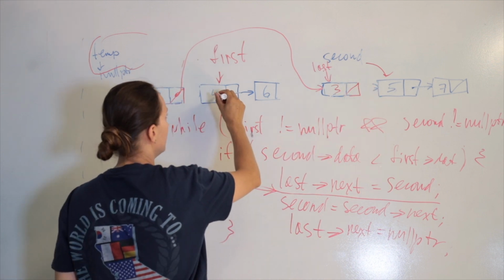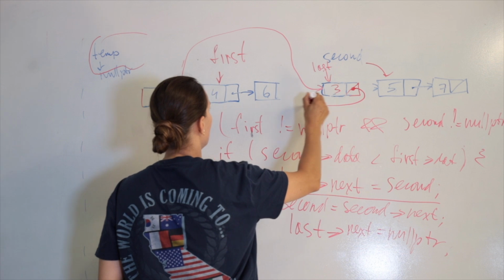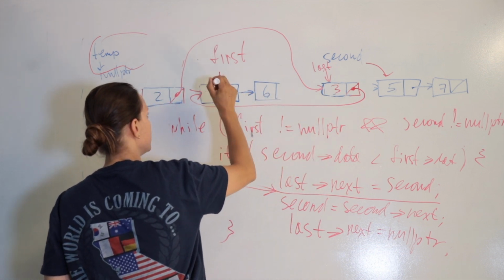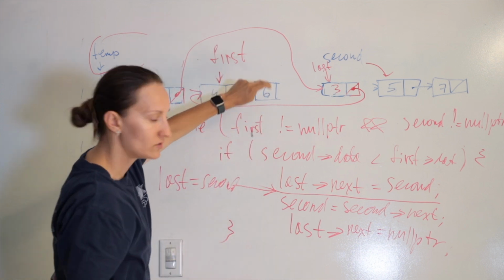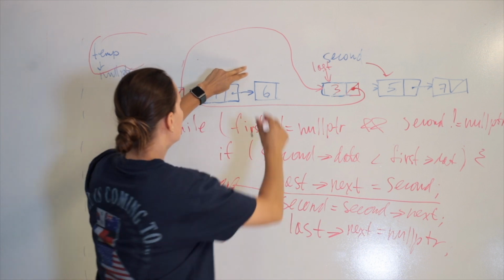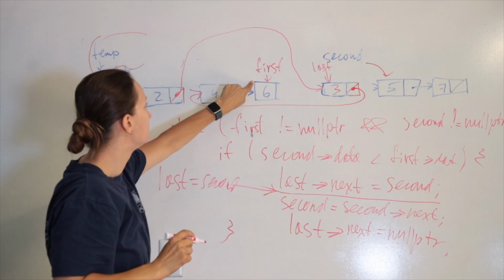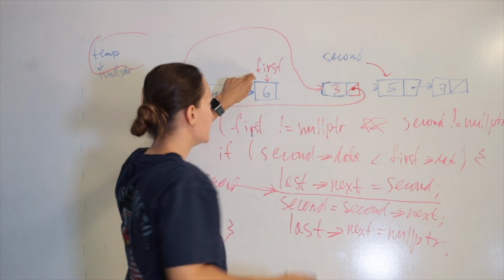We will point last next, which is here, to this node. We will move our head to the next node. We will move our last pointer. We will move our last to first.